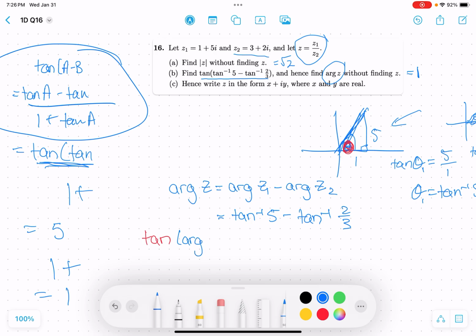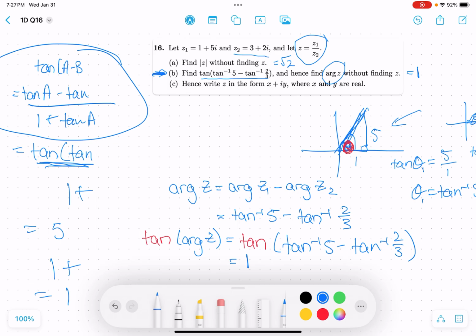If I tan both sides, this is just so I can use what we've already got. Tan of arg z, and from the previous part in B, we already have that equals 1.